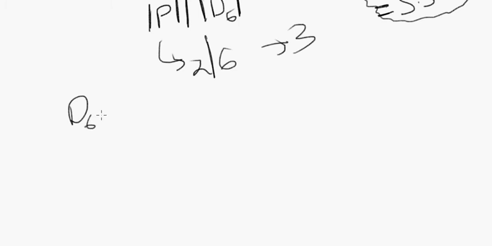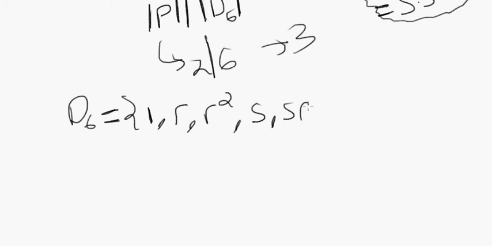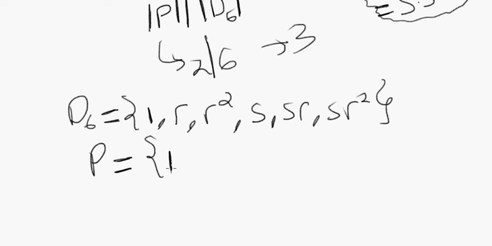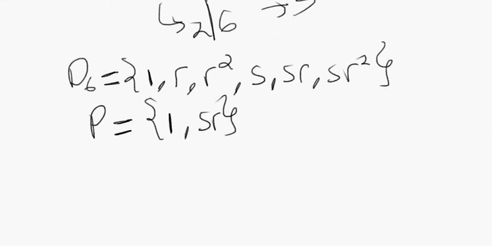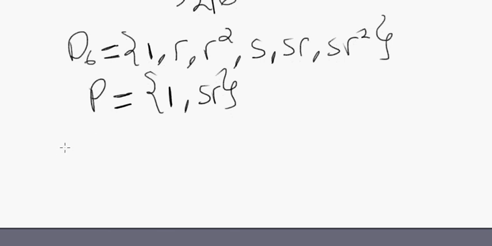D6 we said was the same as just 1, R, R squared, S, SR, SR squared. This was D6. And our P we chose to be the subgroup 1 and SR.